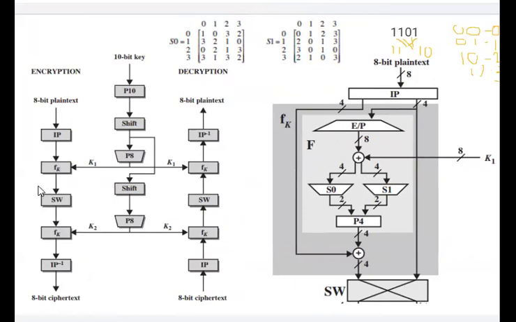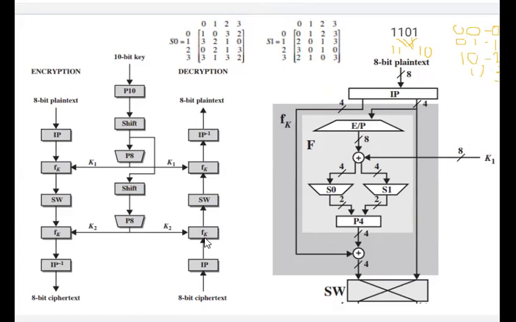And if you observe the diagram very carefully, the decryption is the inverse of encryption. So here we will start with the 8 bit ciphertext as input. We will first do IP of that 8 bit ciphertext, then the Feistel structure. Try to map the analogy of the Amazon gift.